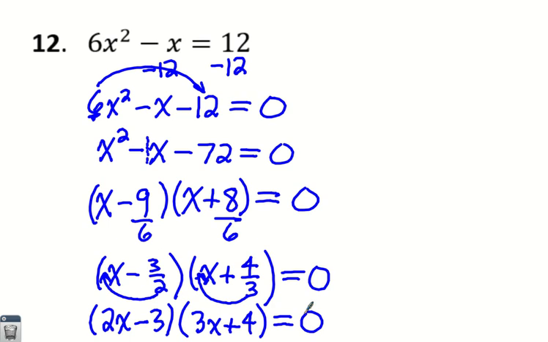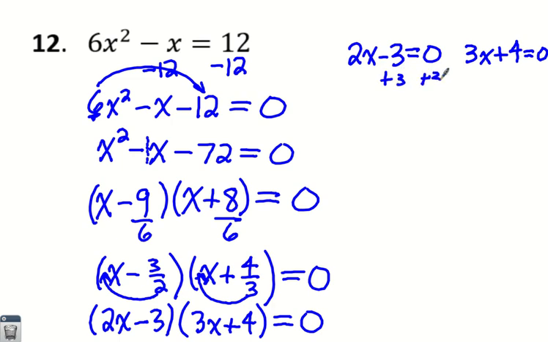Now that we've actually factored, all that work just to factor, we can set each factor, I hope I have enough room, 2x minus 3 equals 0, or 3x plus 4 equals 0.